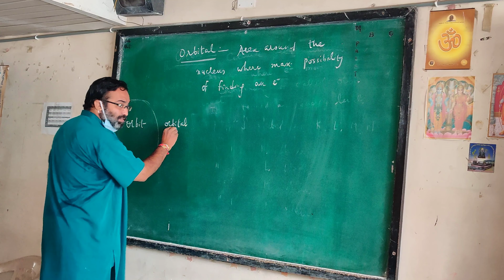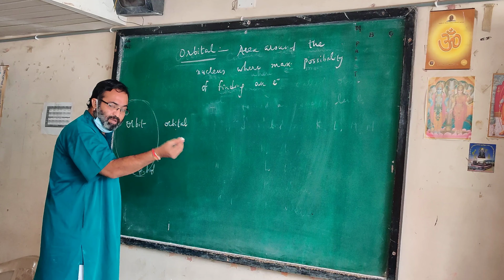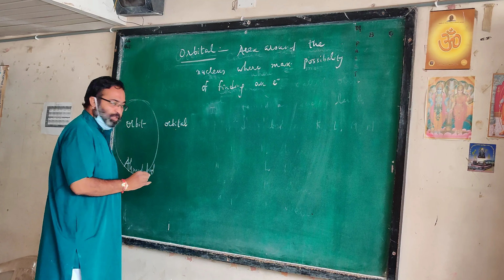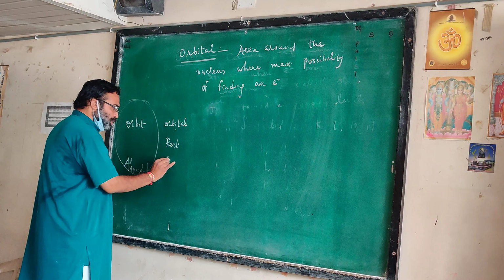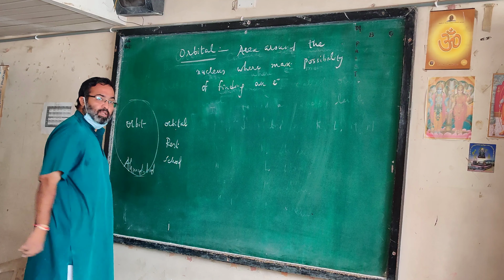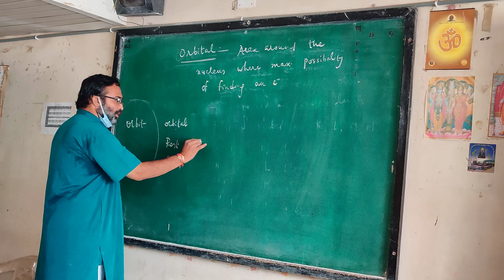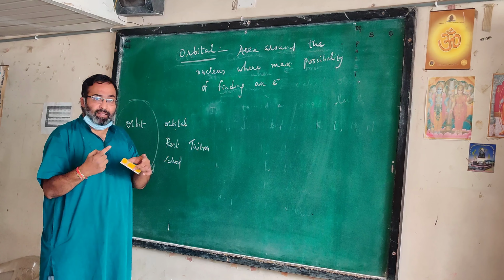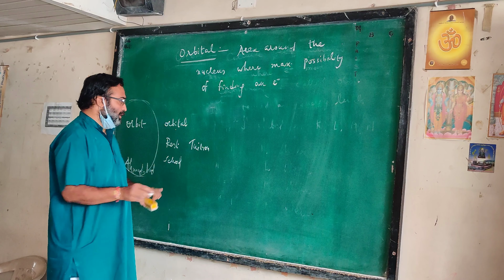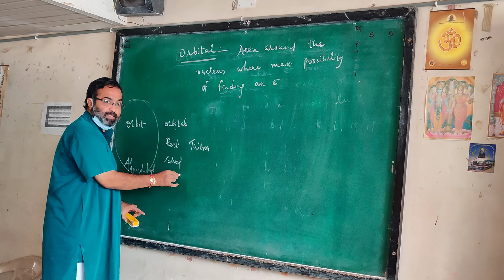Like on Sunday you must be in a restaurant, so there is one possibility, the restaurant, to find you; there is another possibility to find you in the school, and another possibility to find you in the tuition. So as per the time, there are different possibilities to find you at different places.